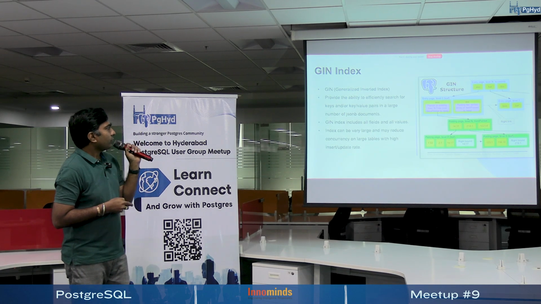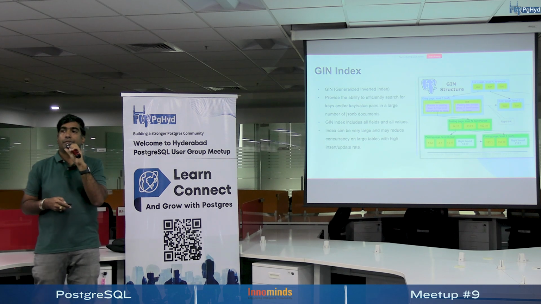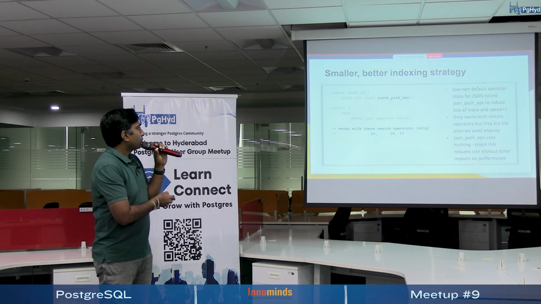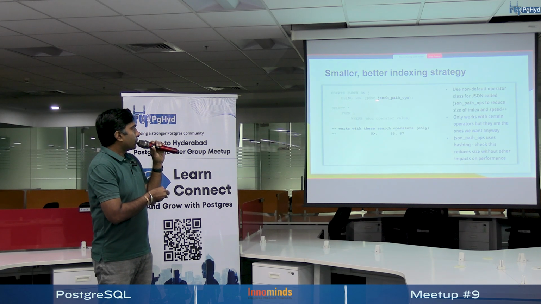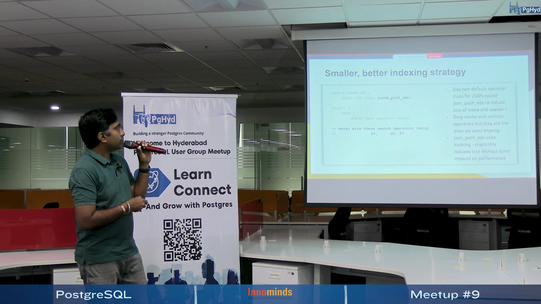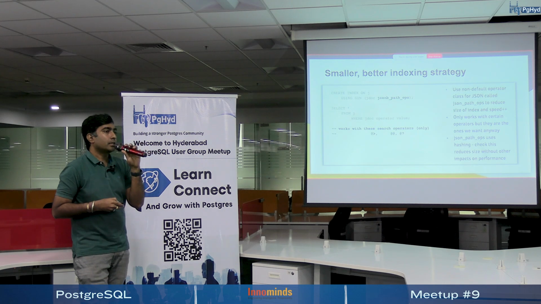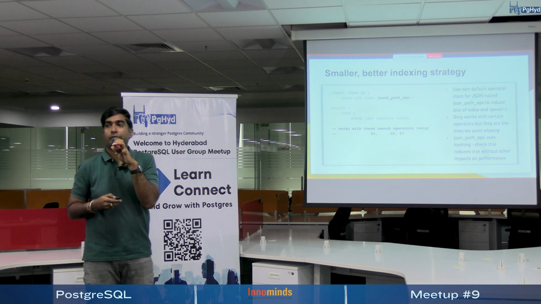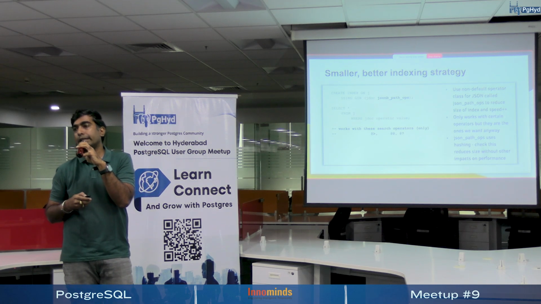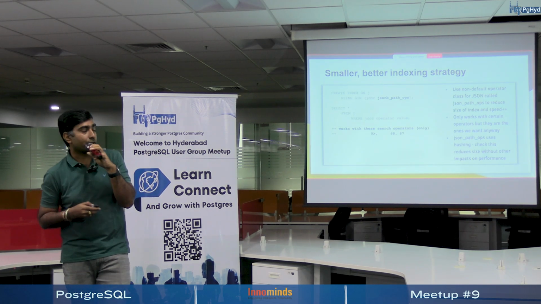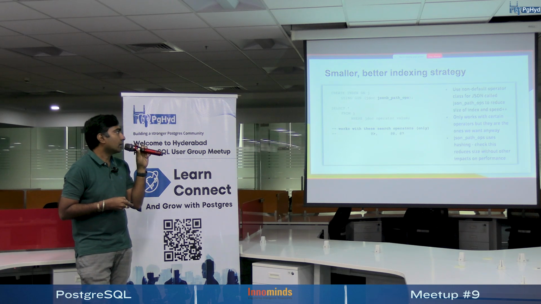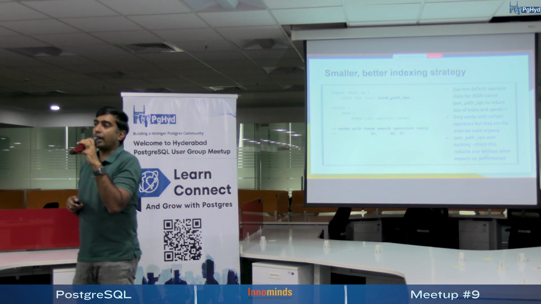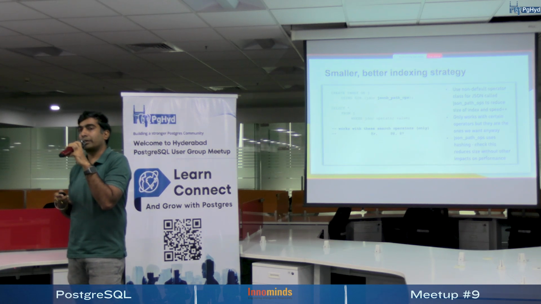And if you happen to include all the fields, let's say the default index, if you go without this option, what it does is create an index which is equal to about 80% of your base table. So it will create an index with that level of size, which means you have been creating a very large index, which leads to maintenance complications, and you are required to do the vacuum.